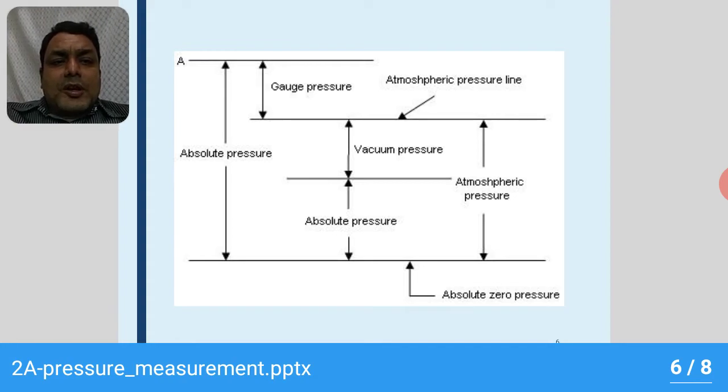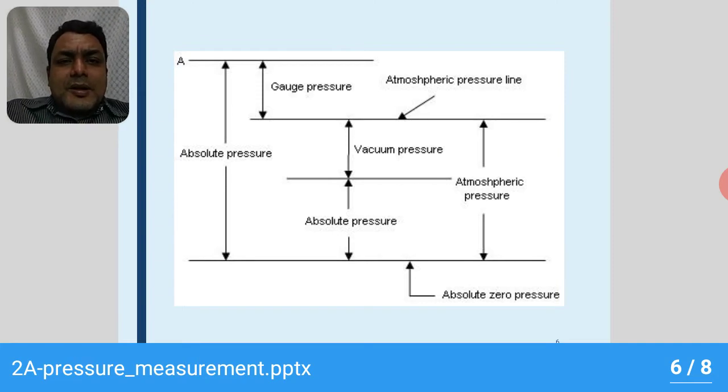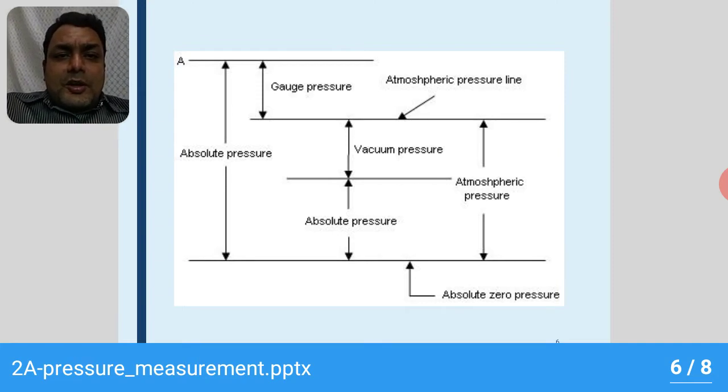The atmospheric pressure is obtained by the summation of absolute pressure and the vacuum pressure, or the atmospheric pressure is equal to the absolute pressure minus the gauge pressure. So these are nothing but different types of pressure which are available.